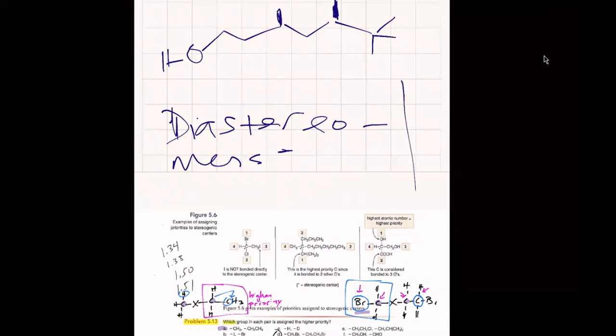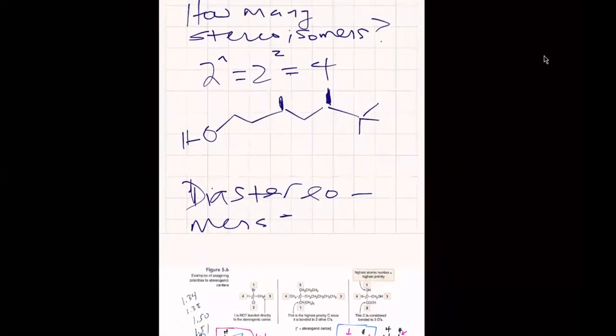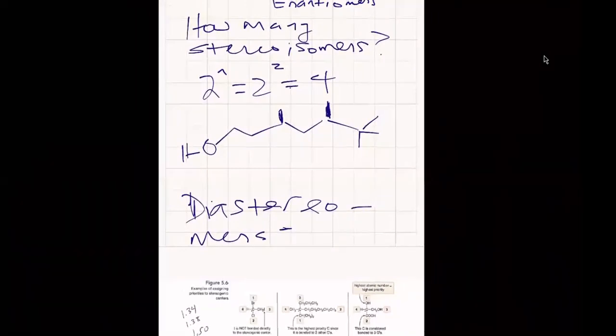That's 3 images we got. We got the mirror image. We got 1 diastereomer. What would the other image look like? It'd be 2 dashes instead of 2 wedges. I could change that to a dash, couldn't I? And then leave this dash how it is.